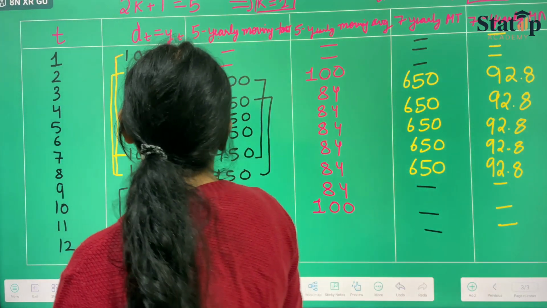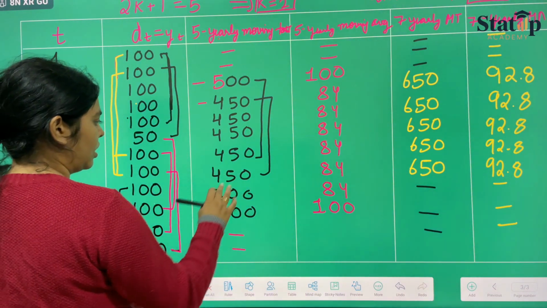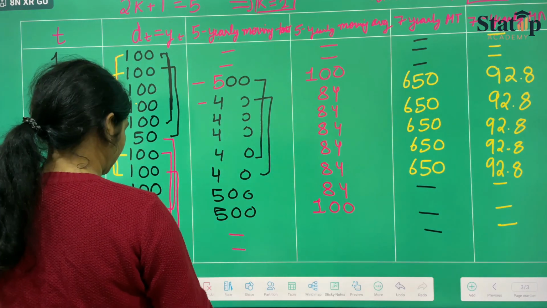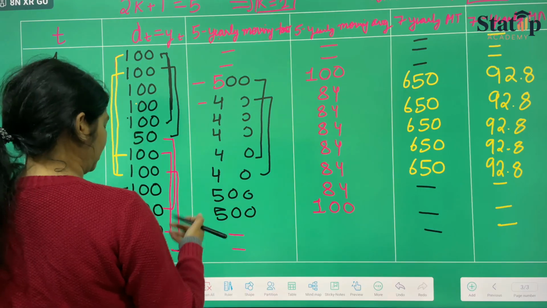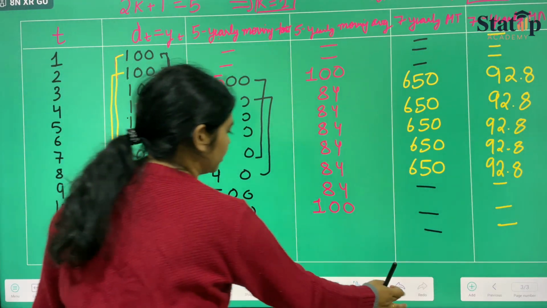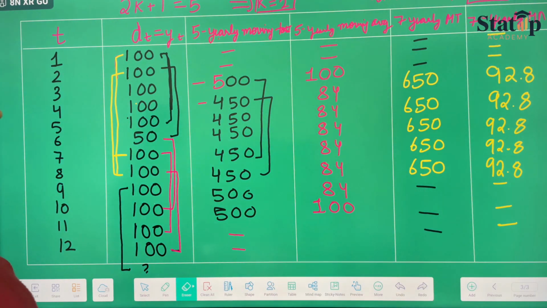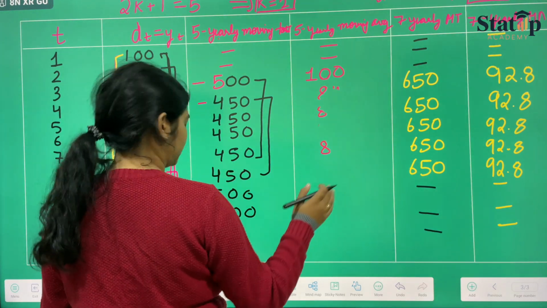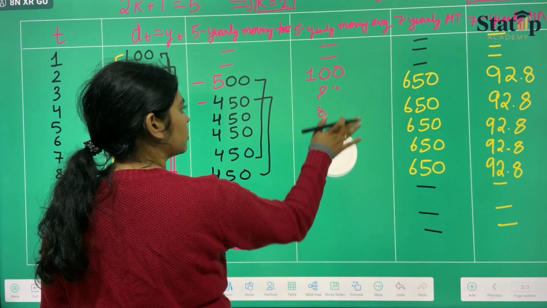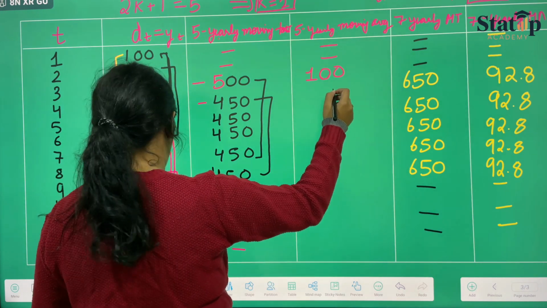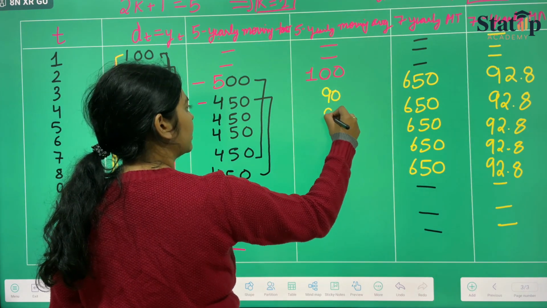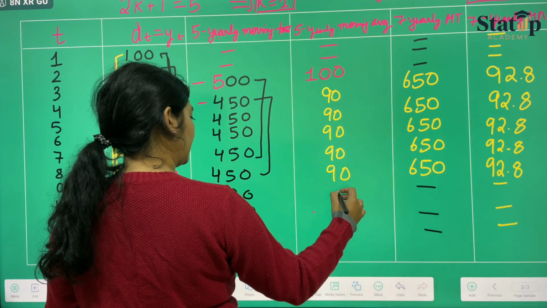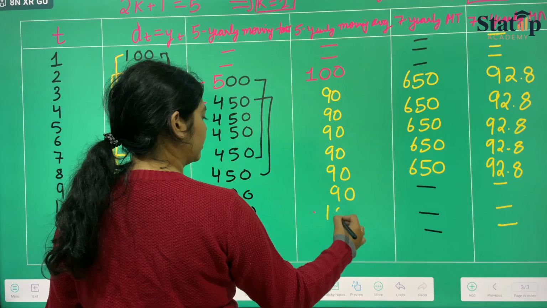And here we have made some mistake in the question. Let us undo this. So it was not 84 again. It was 90 only. 90, 90, 90, 90, 90, 90, and 100.